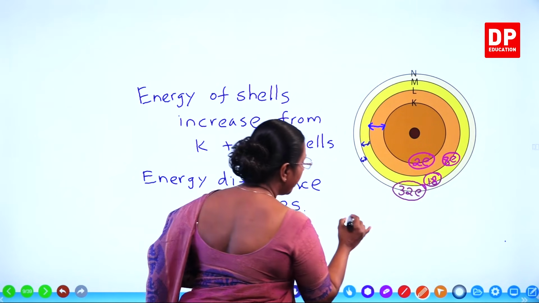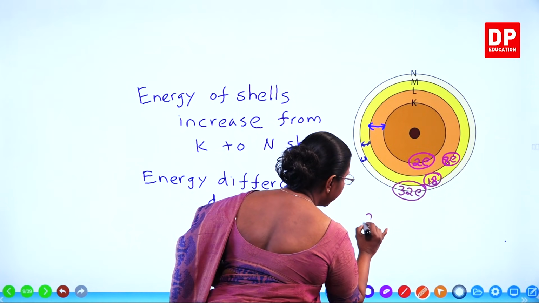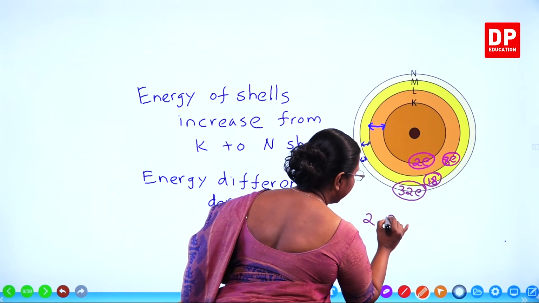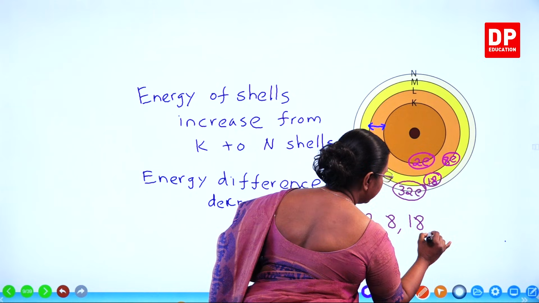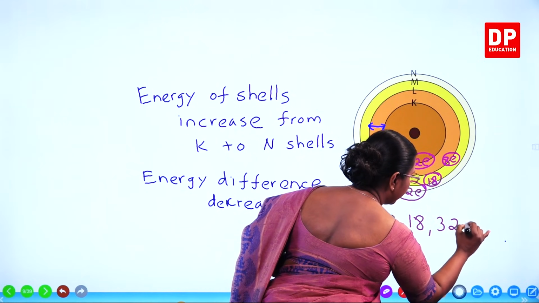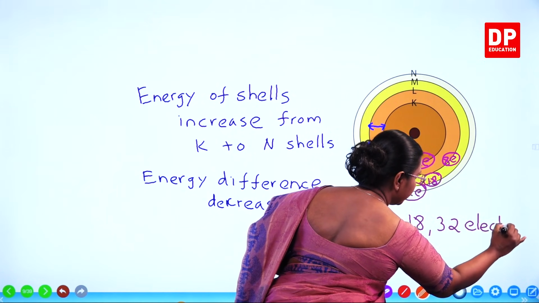So, as you start from the innermost shell, 2, 8, 18 and 32 electrons are possible.